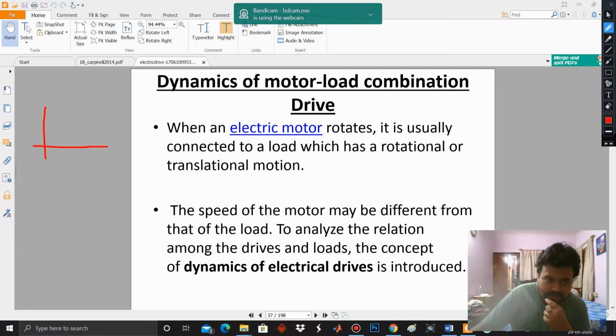Suppose for one industry, the load torque is represented like this. The maximum is say 15 Newton meter and the minimum here is 10 Newton meter.